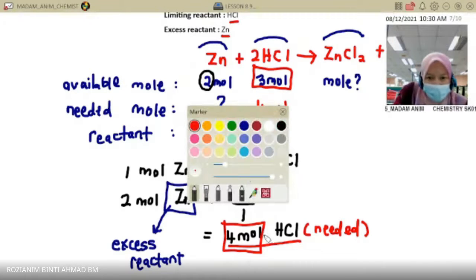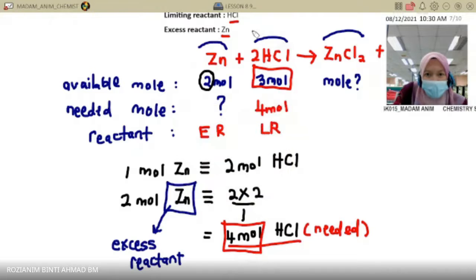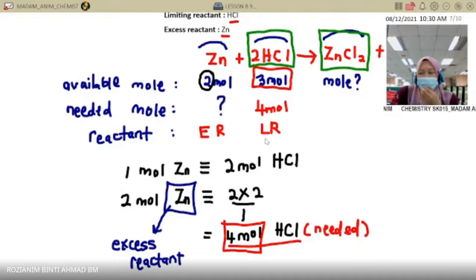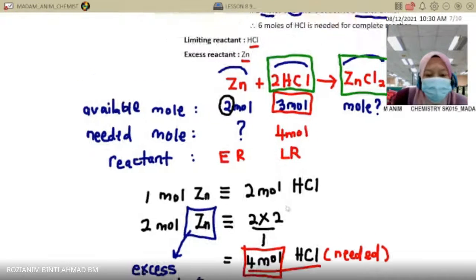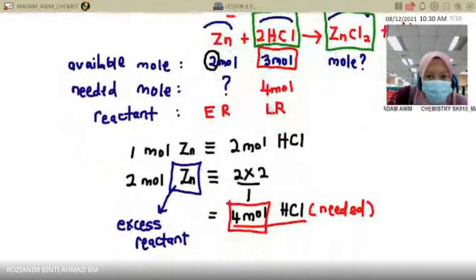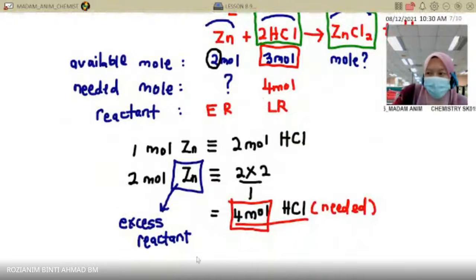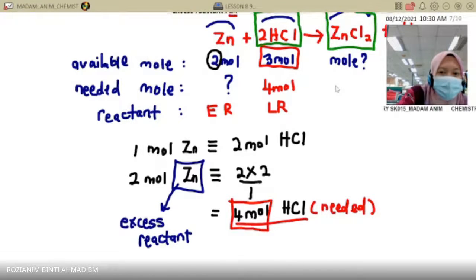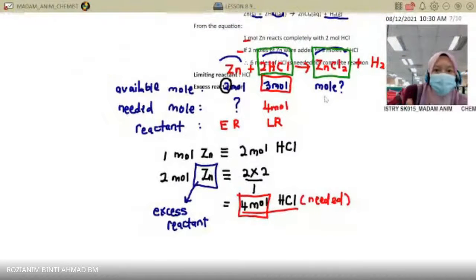So, bila kita dah jumpa siapa limiting reactant, limiting reactant inilah akan jadi rujukan kita sebagai panduan untuk dapatkan mol produk. Okay, so after you make a stoichiometry, dah jumpa kiraan mol needed, apa kita kena buat? You kena buat conclusion, nak buktikan siapa compound tersebut.